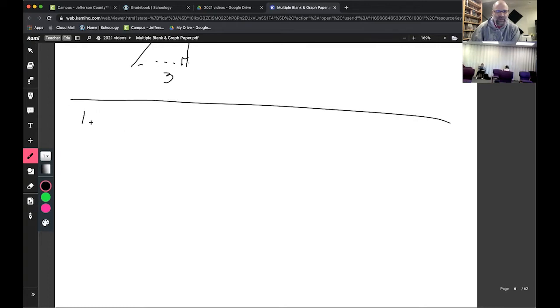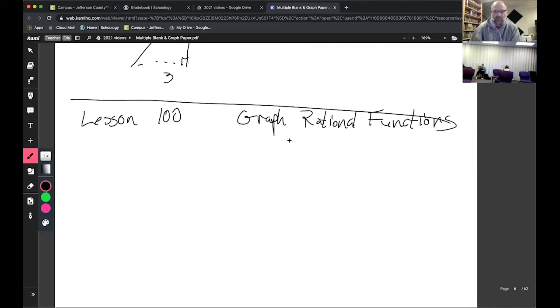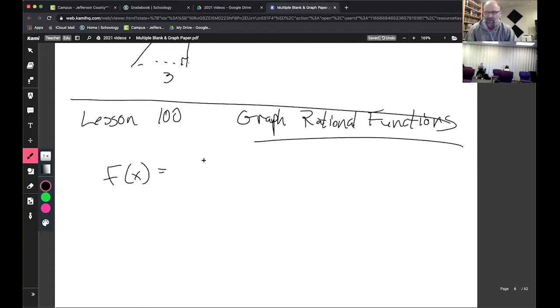All right, lesson 100 is about graphing rational functions. Okay, so a rational function is basically like this: f of x, you've got a function over a function.